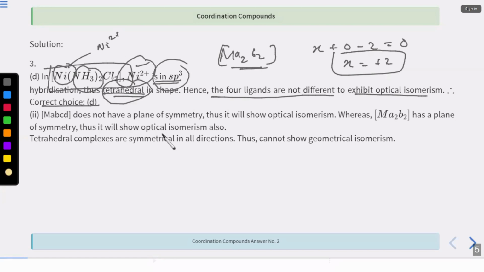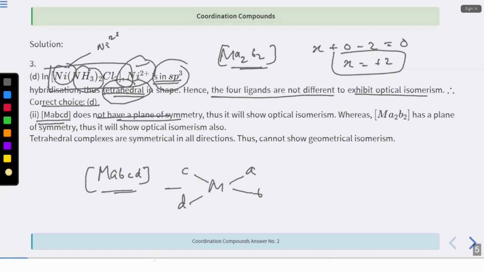Okay, so this is the first thing. Talking about this type of compound, MABCD, where all four ligands are different, it does not have a plane of symmetry. Of course it will not have one, because all four ligands are different. It might be something like this, MABCD. You will not get a plane of symmetry from anywhere, because these two are not the same. Similarly, if you cut from here also, these two are not the same.